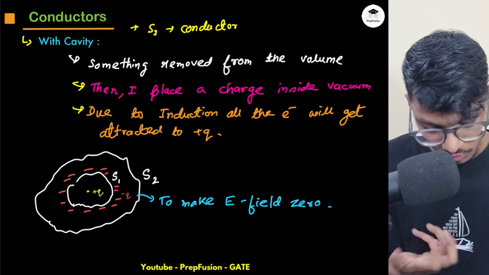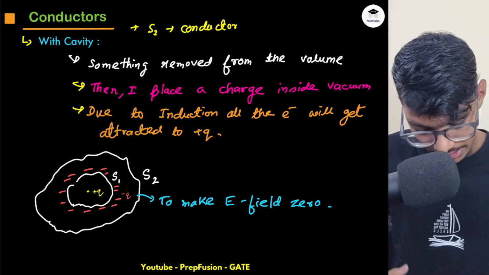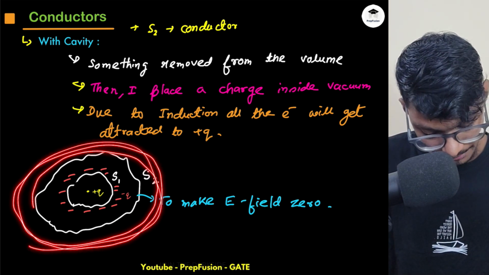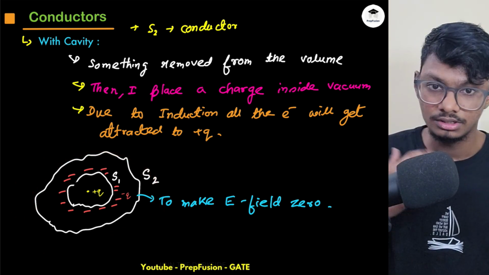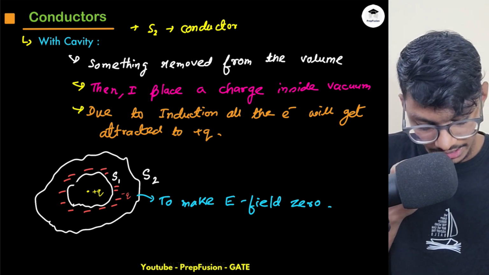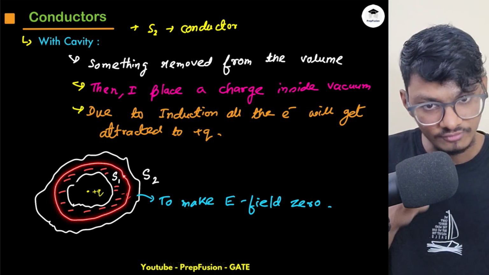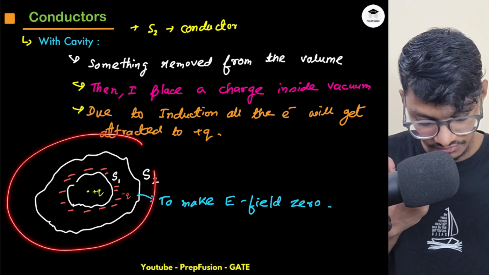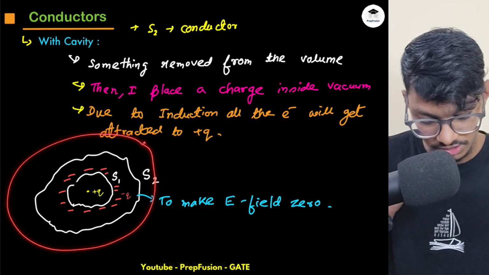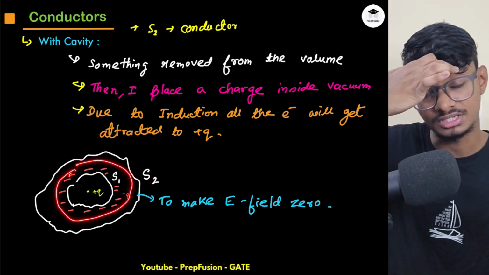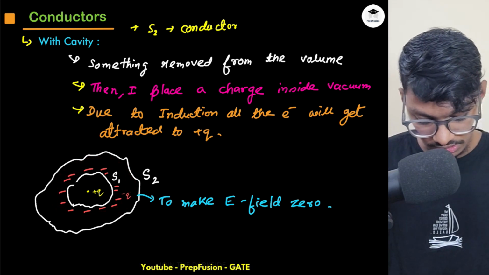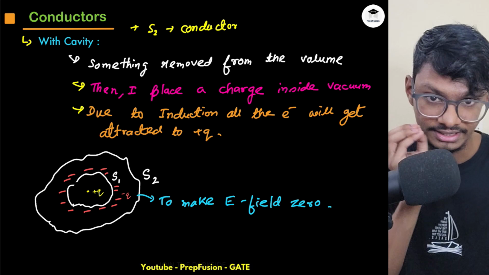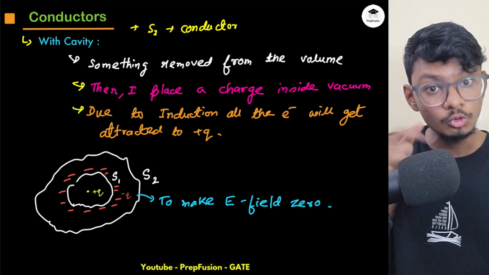Next, on the overall surface, charge needs to be conserved, right? Here I have some minus Q amount of charge. If I take a Gaussian surface here, it says I have 0 charge, but actually some negative charges have been placed. As charge needs to be conserved, since minus Q has been generated, plus Q will also be generated.